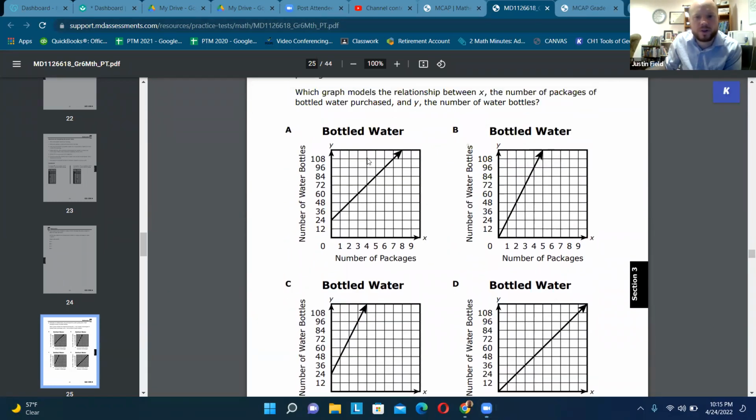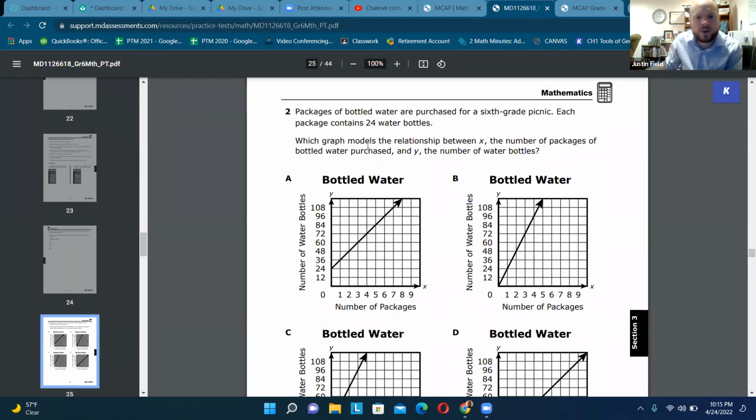Okay, let me erase whatever. So now we know that if we have 0 packages, then how many bottles of water do we have? 0. So this one could not be right because 0 is not 24. 24 would be for 1 package, right? So let's look for 1, 24.